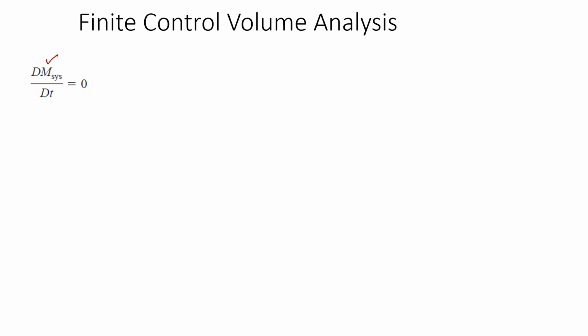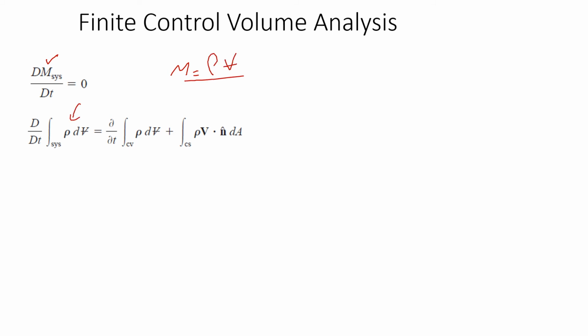So this was the first part of our finite control volume analysis, in which we saw the conservation of mass, putting mass in terms of density, that is density is mass per unit volume. So here mass was taken as density times volume, and everywhere in the Reynolds transport theorem we substituted that for mass.